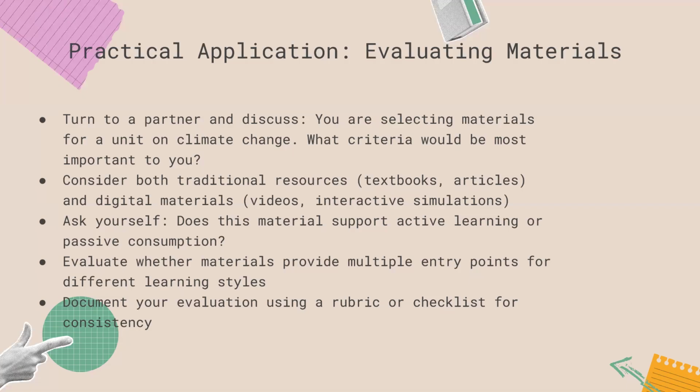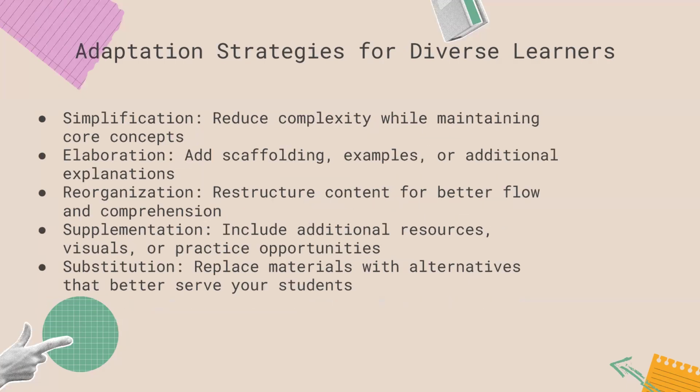It's also useful, folks, to organize our evaluation using a rubric or checklist, right? This makes the selection process more objective and allows us to justify why one material is more appropriate than the other one, right? Don't forget that, folks, please.